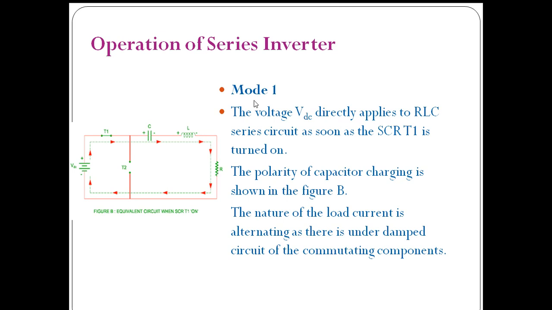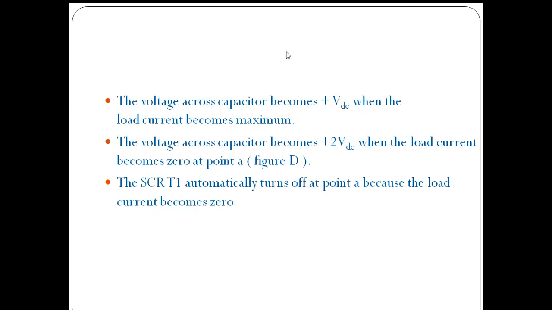During this mode 1, thyristor T1 is turned on and the current is flowing from this battery to the load through the L and C components. So this is the direction of current, and the capacitor will be charging. The voltage across the capacitor becomes plus VDC, and then the load current becomes maximum.